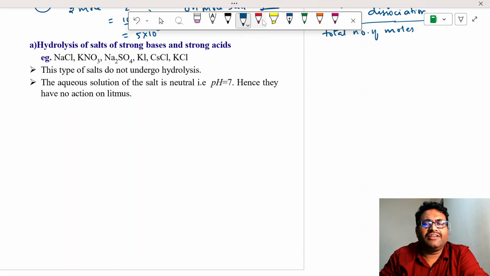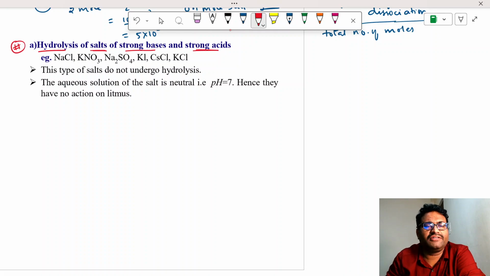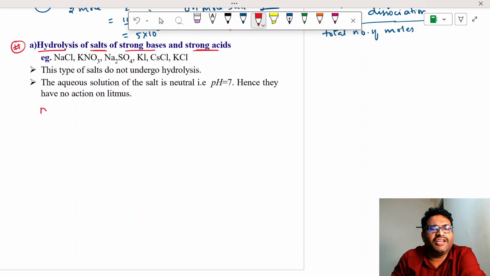So let us see a salt. First, hydrolysis of salts from a strong base and a strong acid. For example, let us take NaCl. How is NaCl formed? NaOH, when it reacts with HCl, forms NaCl plus H2O.